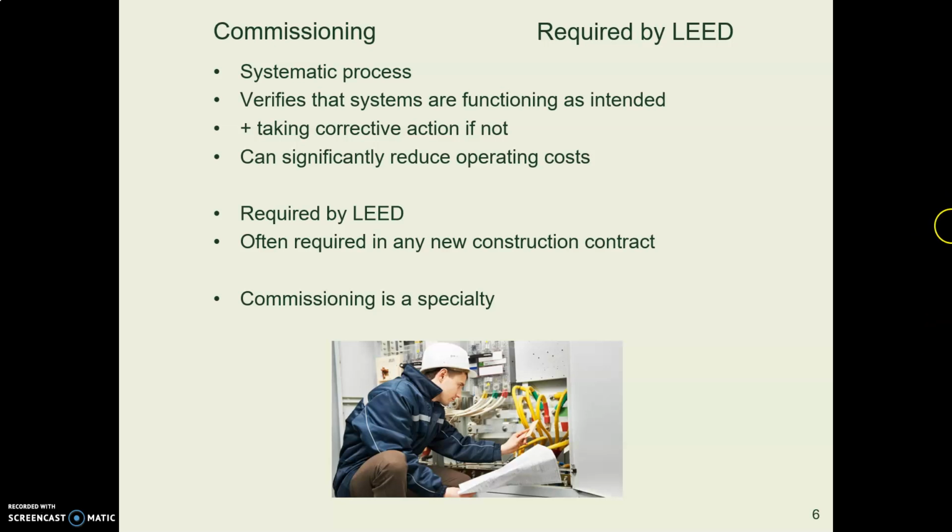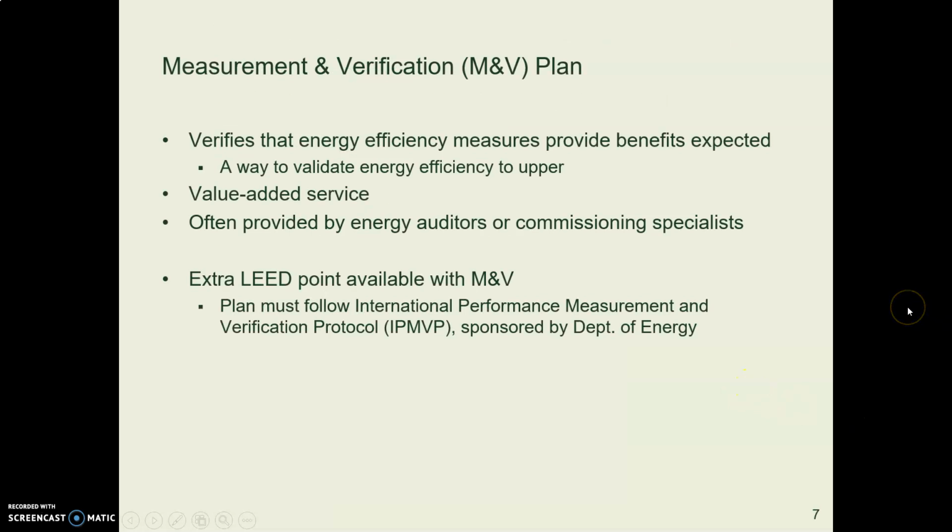So that's what commissioning does. It's a specialty within the architectural and engineering trades, AEC, architecture, engineering, and construction trades. It's a specialty, and it's a methodical process.